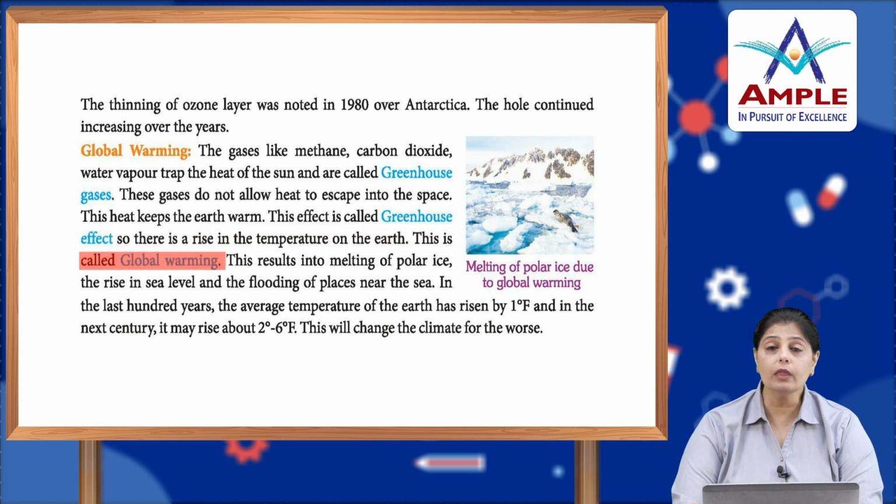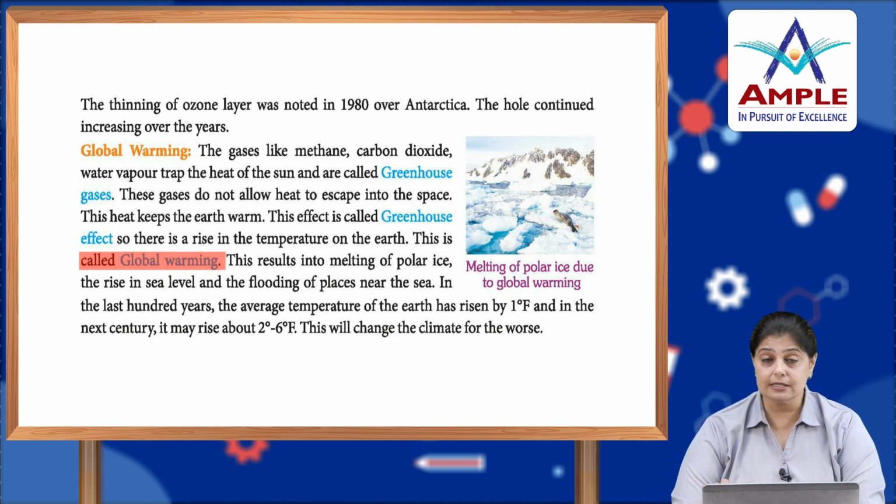So, the gases which are like methane, carbon dioxide, and water vapor, what do they do? They trap the heat of the sun. When they trap the heat of the sun, they are called greenhouse gases. They have the potential to trap the heat of the sun, and that is why they are known as greenhouse gases.